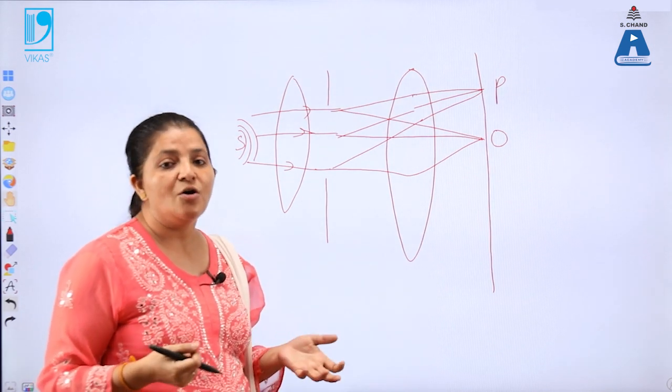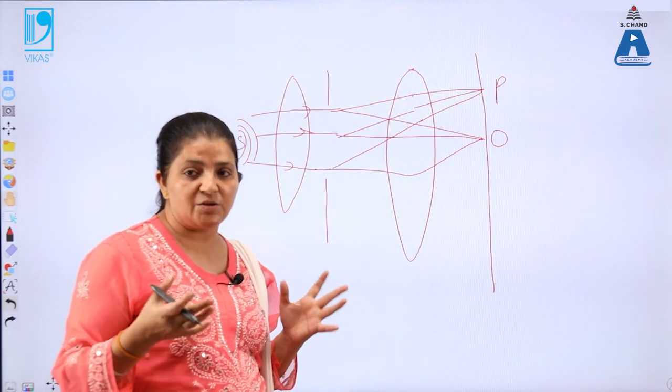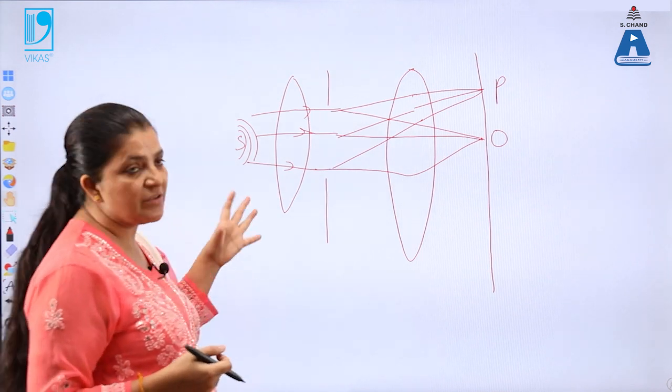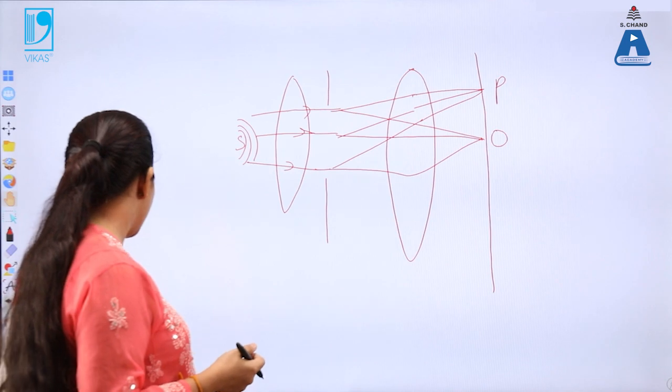Depending upon that, we can get the principal maxima and the secondary maxima on the screen. So this is the main difference between the Fresnel diffraction and the Fraunhofer diffraction.